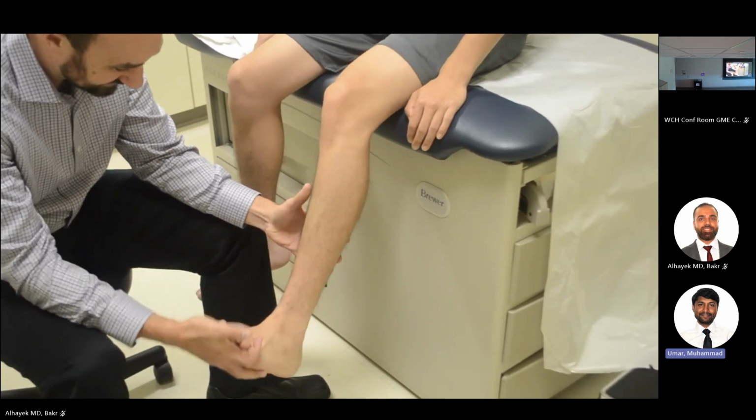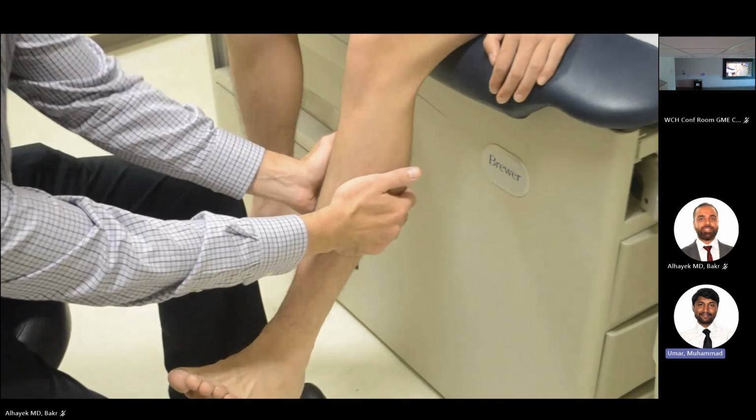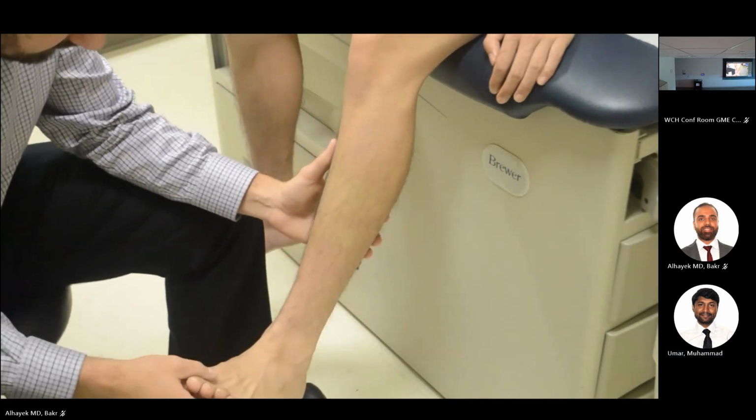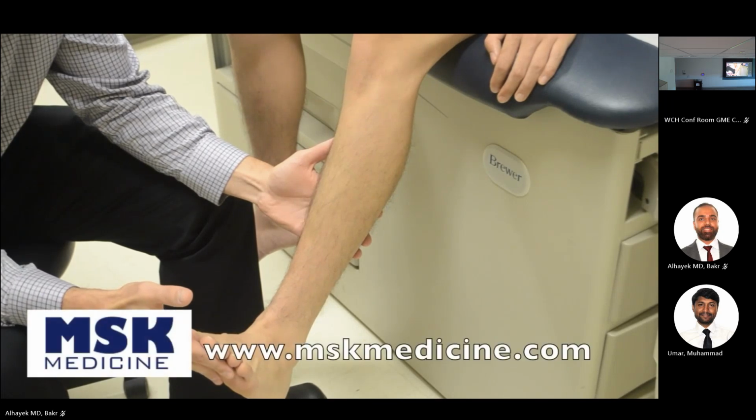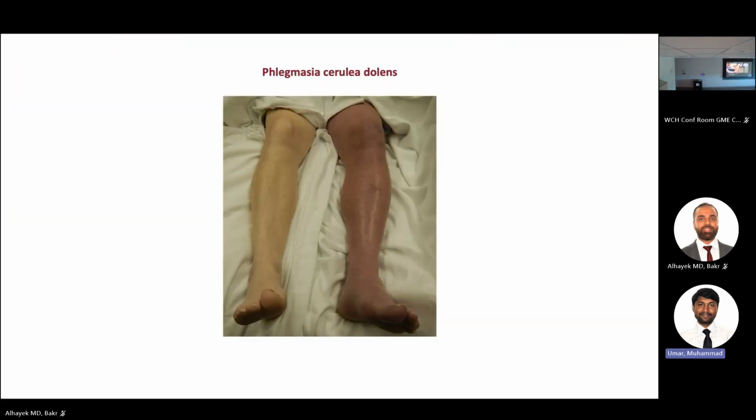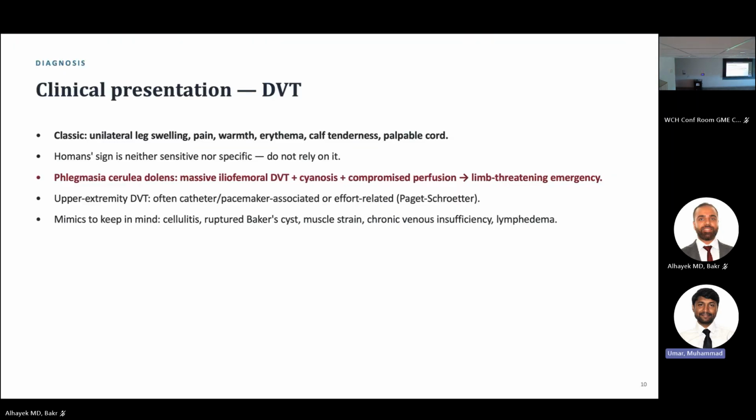You do dorsiflexion of the foot, and that might elicit pain. So what's the thing about Homan's sign? Doctors will have a lot of signs, a million signs for a million diseases, right? But does it really rule in or out? No, it's not sensitive and not specific.